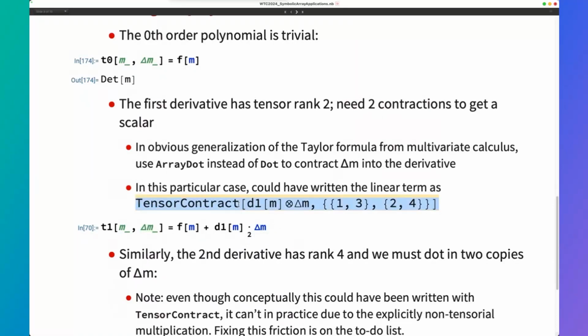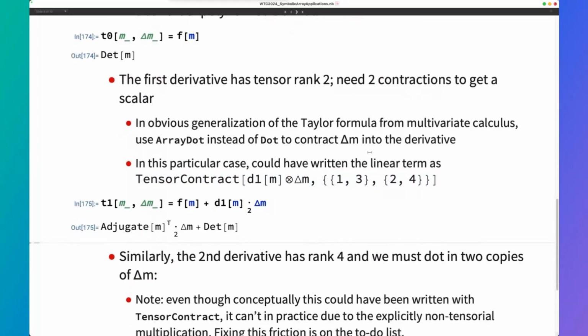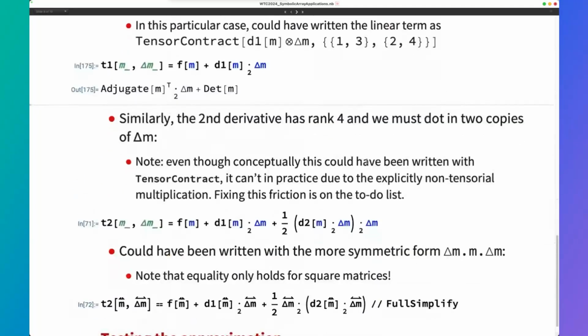Another way to think of this, a way that's easier for me, is that we took the tensor product of the derivative with delta m, then we contracted the corresponding slots. So that's that. Then similarly for the rank 2, we have a 1/2, and then we're going to have 2 array dots because the second derivative has rank 4, so we need to dot in 2 copies of delta m in order to contract all the slots.